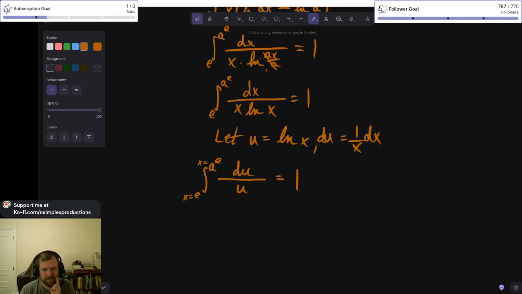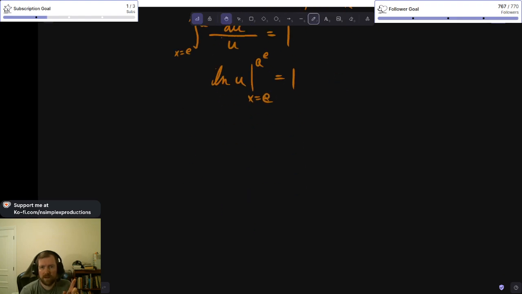The integral of du over u is going to be the natural log of u, which again, x equals e to a to the e equals 1. Then transfer back.